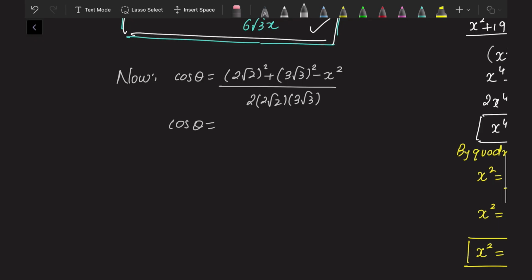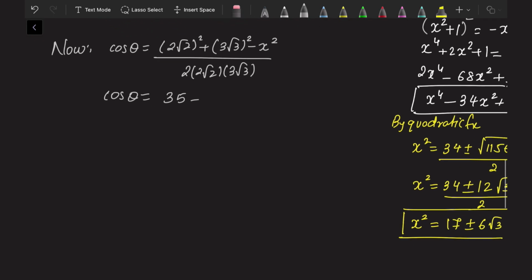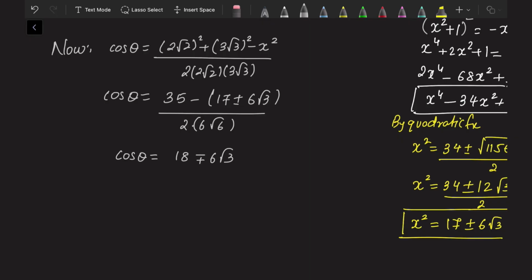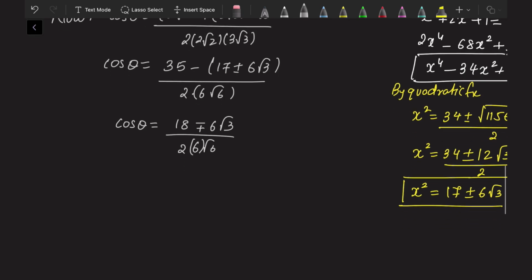So finally the value of cos theta will turn out to be 8 plus 27, that means 35, minus, now clearly we can use the value of x square, which is 17 plus and minus 6 square root of 3, and in the division we will have 2 times 6 square root of 6. So finally cos theta has turned out to be 35 minus 17, which means 18, minus plus 6 square root of 3, divided by 2 times 6 square root of 6.